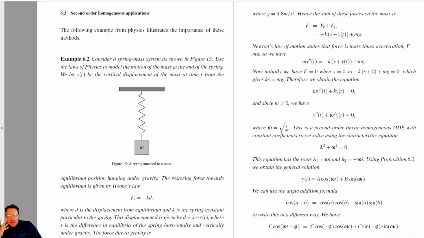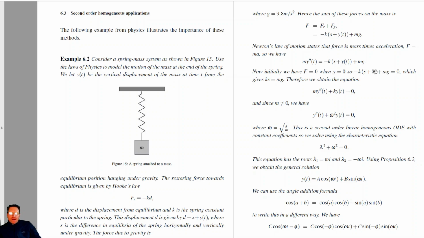Now Newton's law of motion says F equals ma, so on the left-hand side we have ma, but a is the second derivative of the displacement with respect to time. So m y double dash is equal to what we have here, because those forces are in equilibrium.